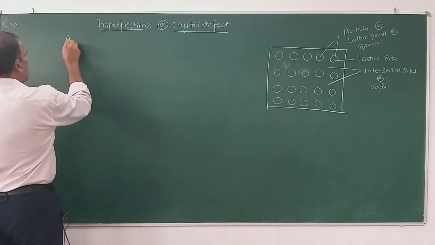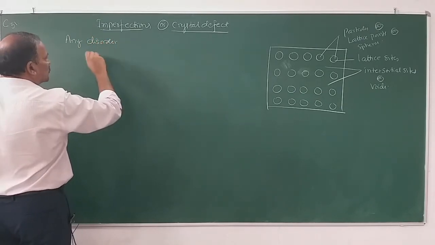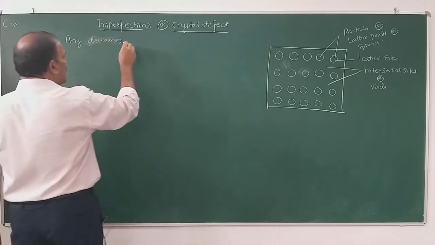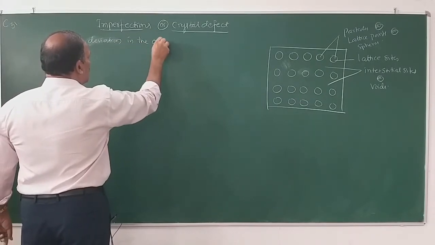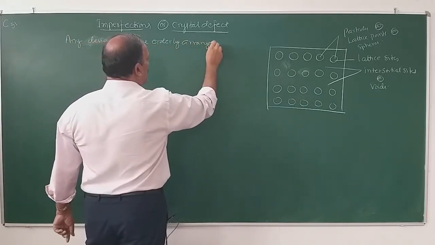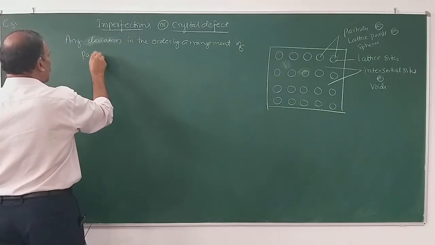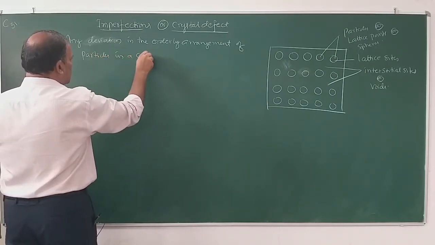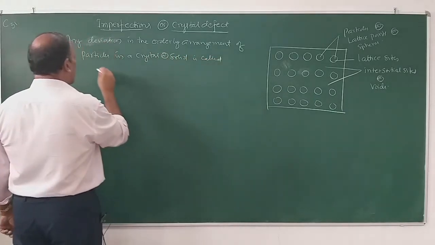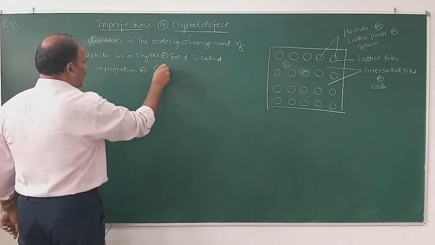Write down. Any disorder, any deviation in the orderly arrangement of particles in a crystal or solid is called imperfection or crystal defect.